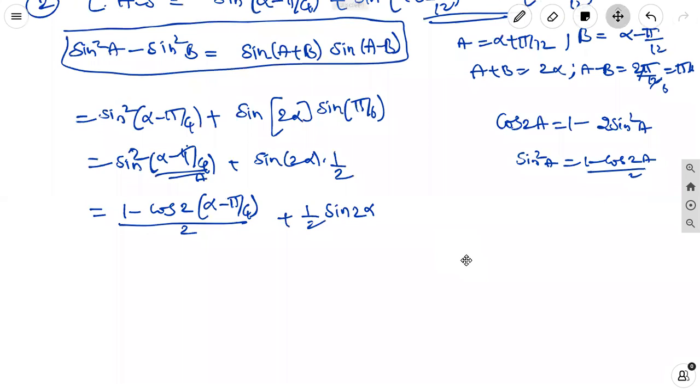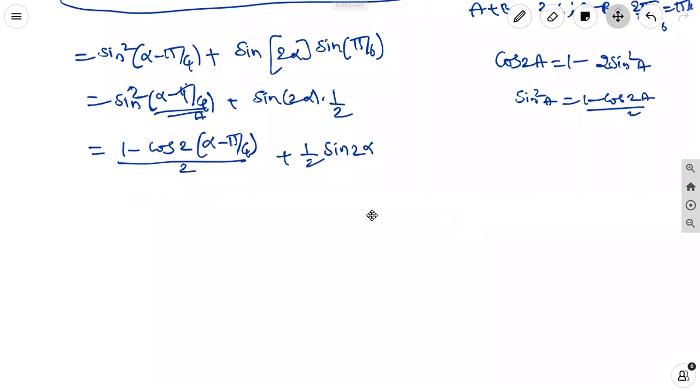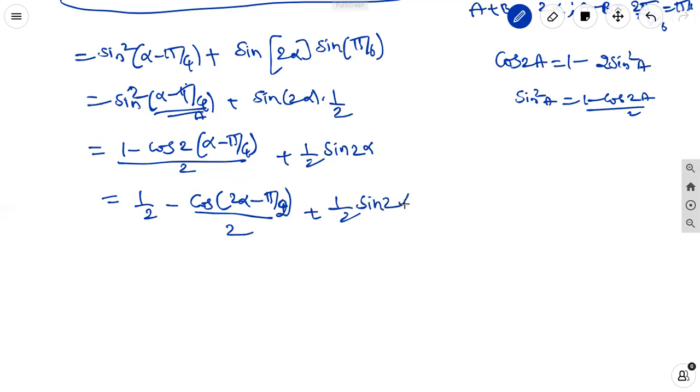Okay. Here cos of 2 into alpha minus pi by 4, we can write it as 1 by 2 minus cos of 2 alpha minus 2 pi by 4, the 2s get cancelled, we are getting pi by 2, plus 1 by 2 sine 2 alpha.